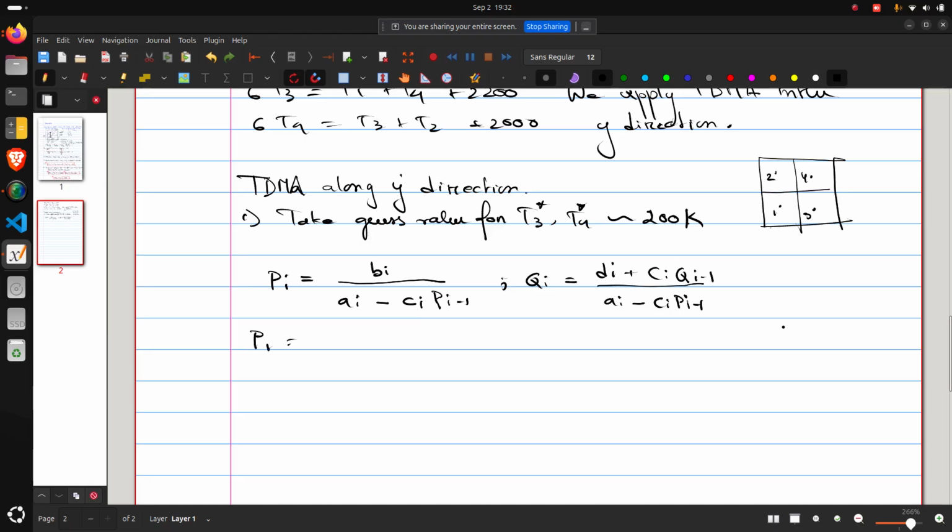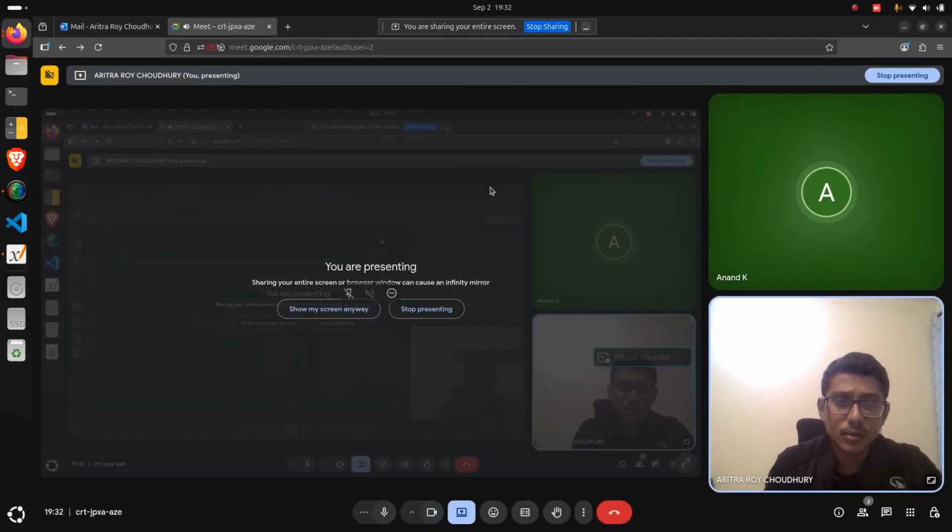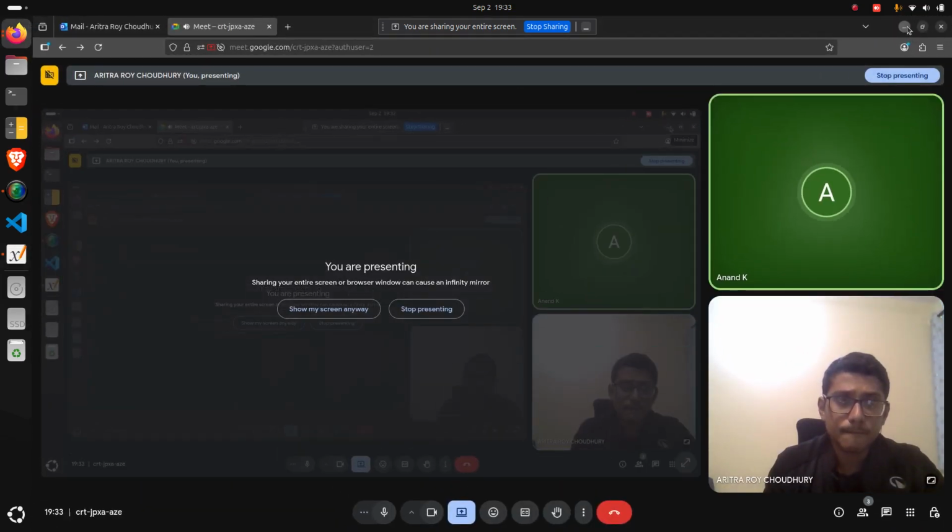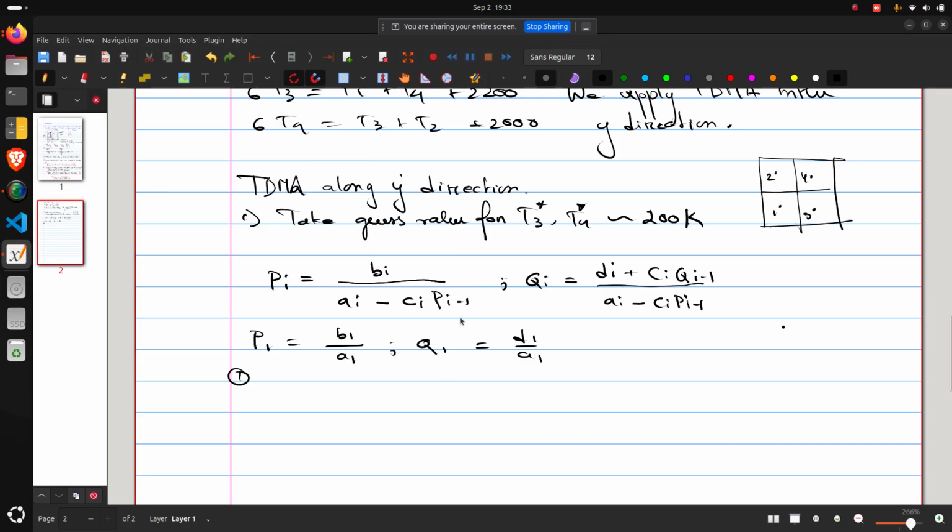So P1 will be nothing but B1 by A1, and Q1 will be nothing but D1 by A1. Okay, so in this case, what is P1? The easy explanation is that for point 1 there is nothing called point 0, right?